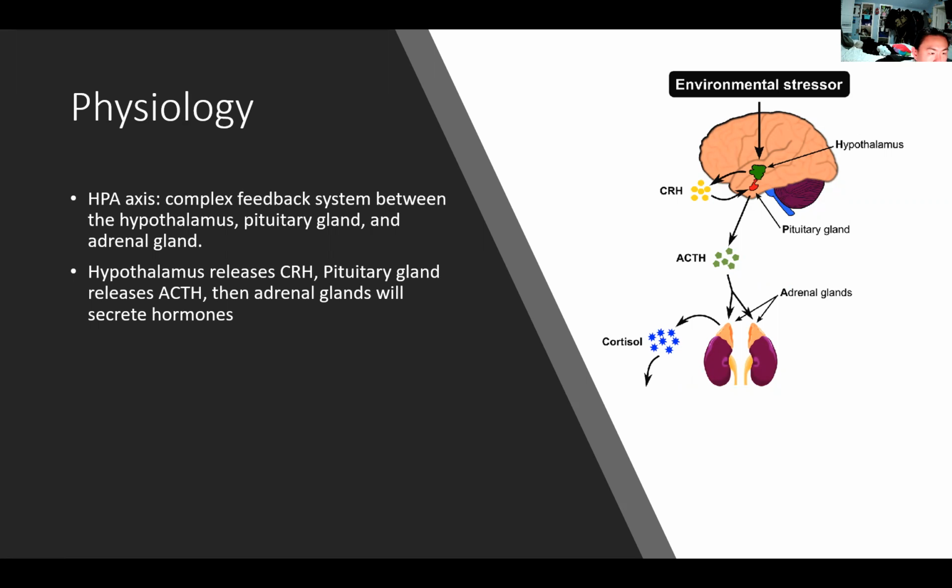So when CRH is released, it binds to receptors on the pituitary gland, causing the pituitary gland to release ACTH into the bloodstream. And after that, the ACTH signals the two adrenal glands to produce the final chemical, cortisol. And as cortisol levels rise in the blood, the brain will signal the hypothalamus and pituitary gland to stop producing and secreting as much CRH and ACTH.